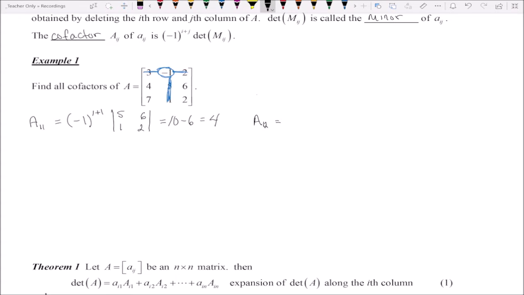Take the determinant of the matrix that's left, multiply it by (-1) to the 1 plus 2. In this case, we get -8 minus 42, which is 34.